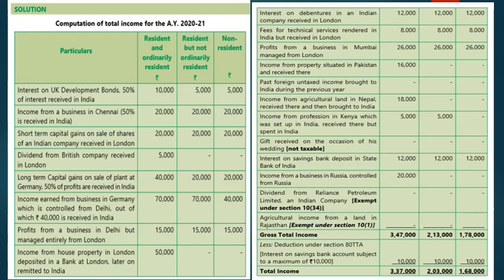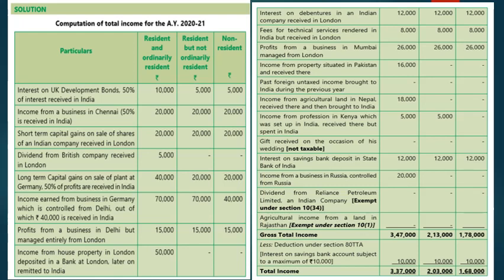Income from profession in Kenya, which is set up in India, received there but spent in India. So actually the income is received outside India. Because it is an income from a profession, it is taxable to the ordinary resident as well as the not ordinary resident, but not to the non-resident.